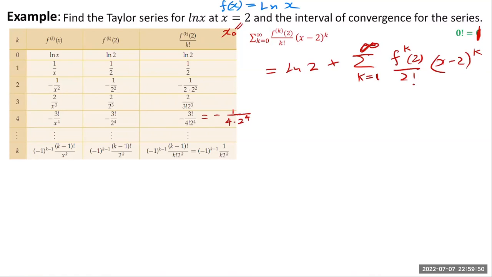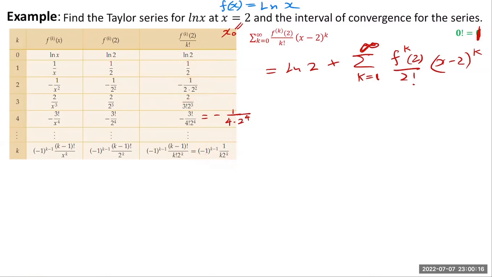Now the good thing is when k is equal to 1, 2, 3, 4, 5, I have a pattern. For all these, I have a general term. The general term is this term, because I can generate all these terms by plugging in k is equal to 1. If you plug in k is equal to 1 here, you get this one. And if you plug in k is equal to 2 here, you get this one, and so on and so forth.